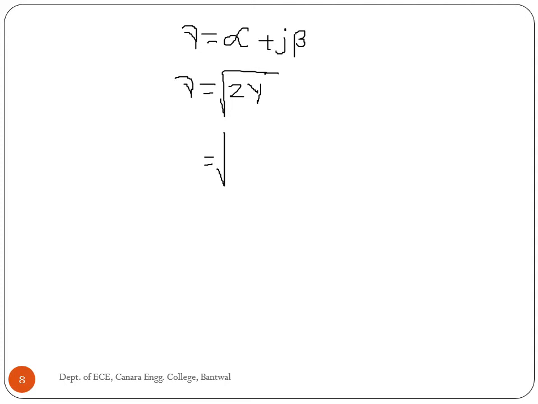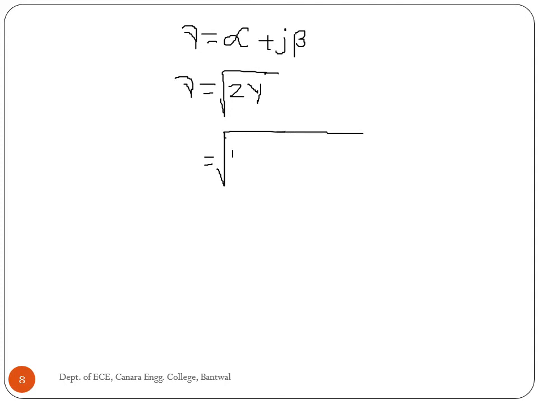We know that the propagation constant is equal to alpha plus j beta. We have to find out the alpha and beta values. That's why first I'll find out the propagation constant, expression root of Z into Y. We know the Z value and Y value, we will substitute here.